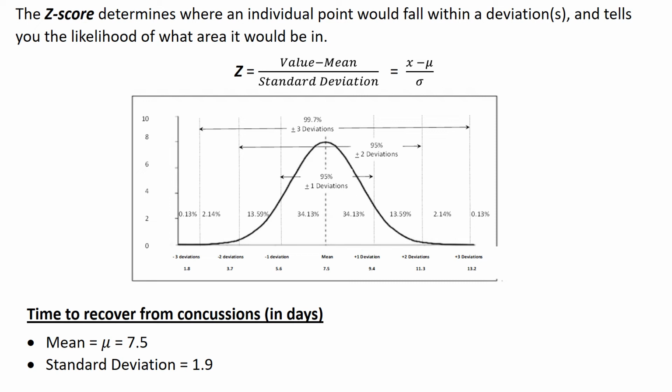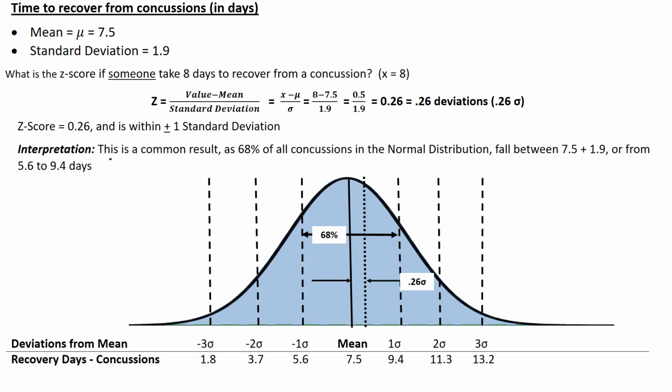So that's my mu is my average, which is my mean, and then my standard deviation 1.9 days. Now, so we have our mean and our standard deviation, and I want to know what percent among the curve, remember that curve is 100%, where does that fall if someone takes 8 days to recover?